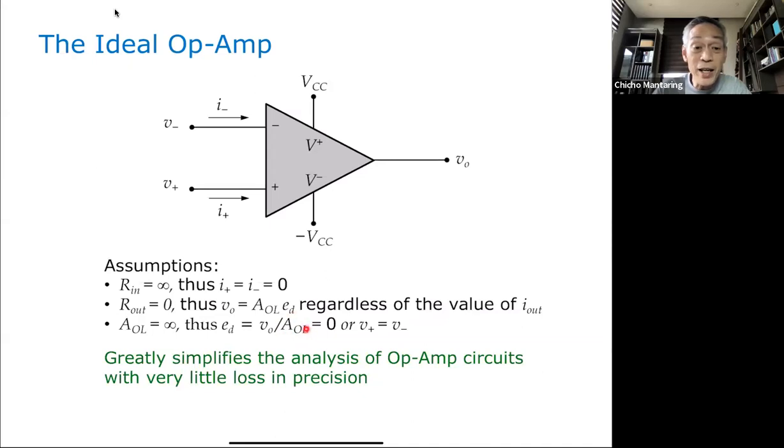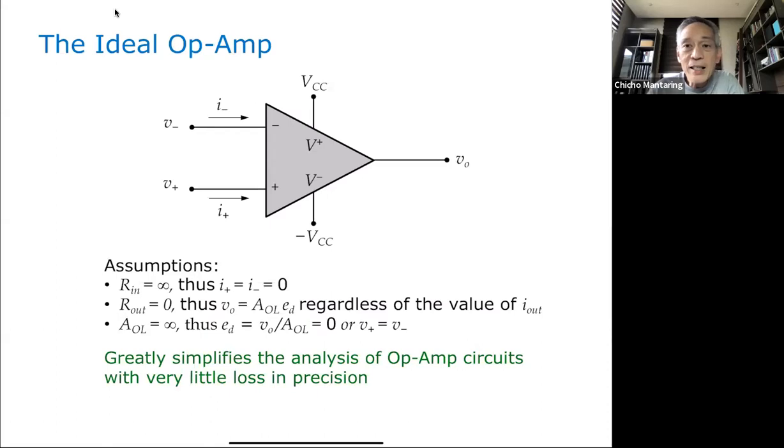Since AOL is infinite, E sub D will be equal to 0, or V plus will be equal to V minus. So ito yung pinakita ko kanina doon sa output characteristic curve na pag infinite na yung AOL natin, our linear region becomes a vertical line. Naalala nyo doon sa curve kanina? Yung linear region natin becomes a vertical line, and in that vertical line, E sub D is equal to 0.